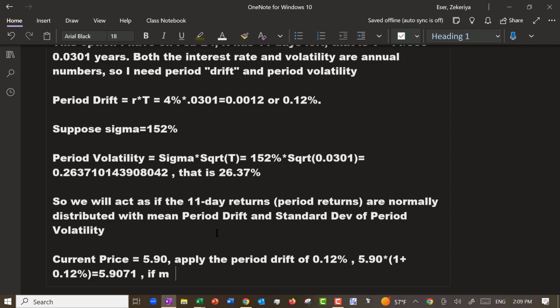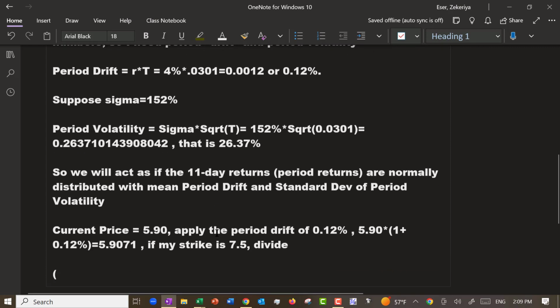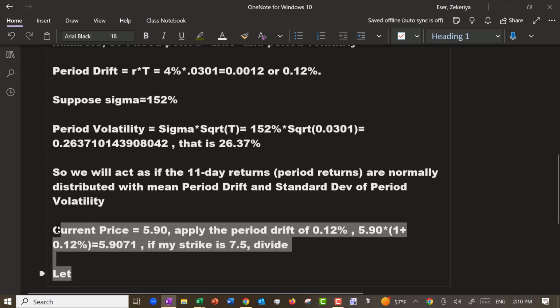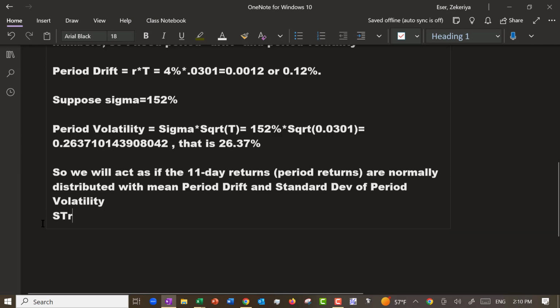So if my strike is 7.5, divide 7.5 minus 5.9071, oh, forget about that. $7.5.